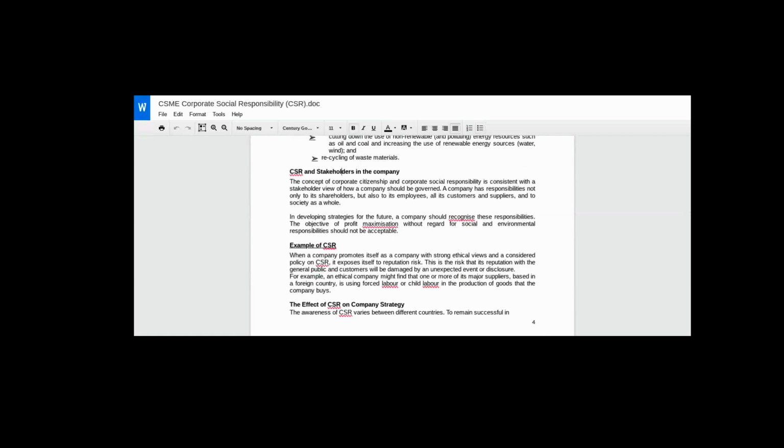So CSR and stakeholders in the organization. Anytime we are talking about CSR and stakeholders in the organization, we are telling you that the stakeholders in the company are the categories of people that have interest in the activities of the company and success of the company.